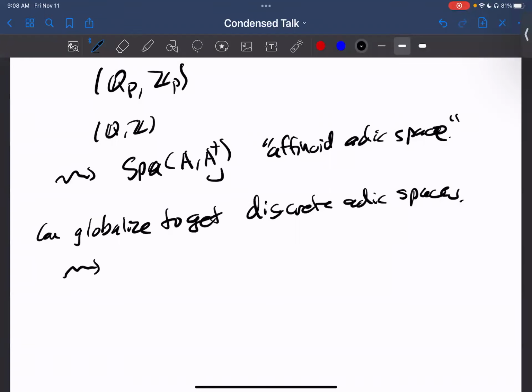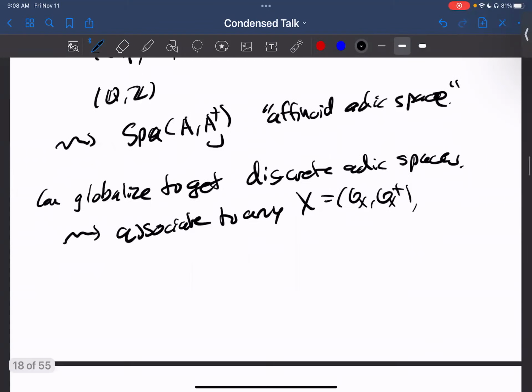Instead, you move to the stable infinity enhancement. You can either stay there or you can quotient back once you do the gluing, but you can show that you can associate to any discrete adic space X with (O_X, O_X+) the derived category of (O_X, O_X+) as some condensed derived category.